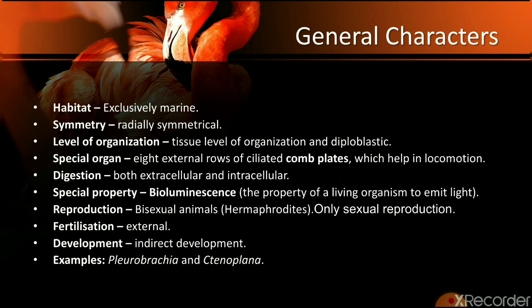They are exclusively marine animals. They show a radially symmetrical body. They possess tissue level of body organization. They are usually diploblastic. It means they contain two germ layers, that is ectoderm and endoderm.